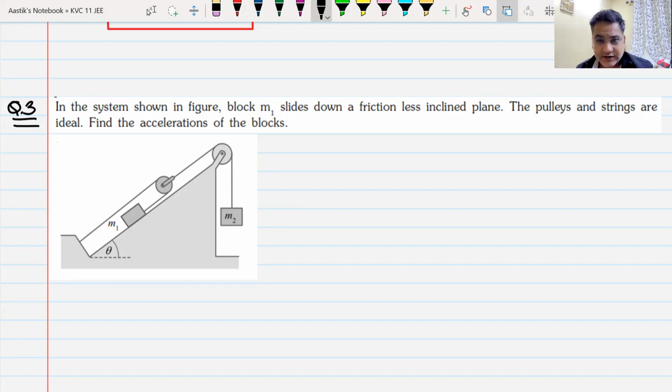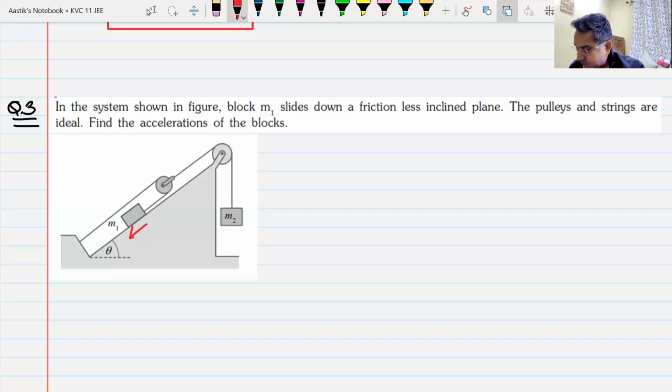As you can see, my dear friends, both the blocks are not connected by one string. They are connected by two strings. So you know the process. Best of luck. You have 2 minutes to give me the answer. And you already know that m1 is going down. So the first thing would be to get the constraint.